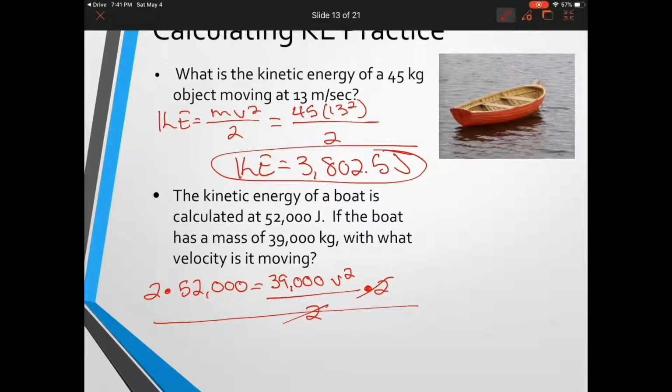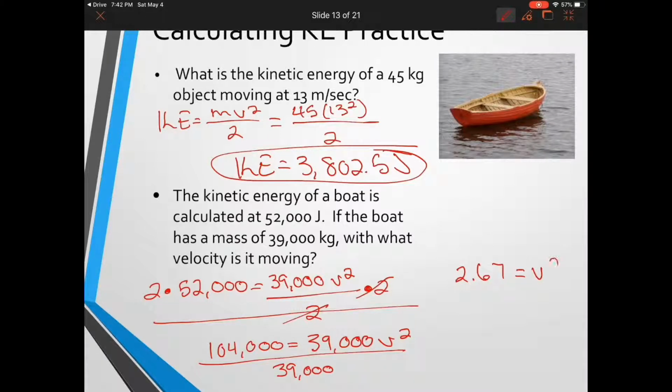And if you take 2 times 52,000, you should get 104,000, which is equal to 39,000 v squared. Then divide both sides by 39,000.